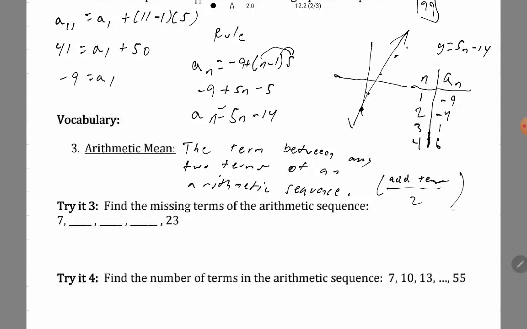So find the missing terms of the arithmetic sequence. If we wanted to find this middle term here, we would take 7 plus 23 and then divide by 2. So we get 30 divided by 2, which is 15. 15's in the middle.